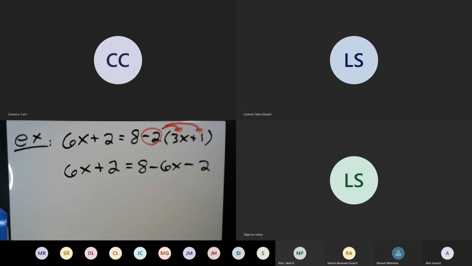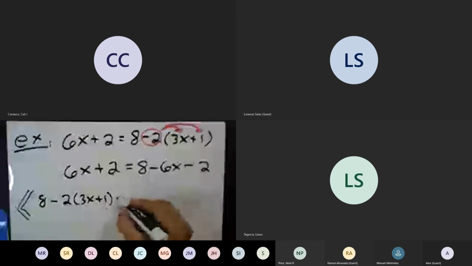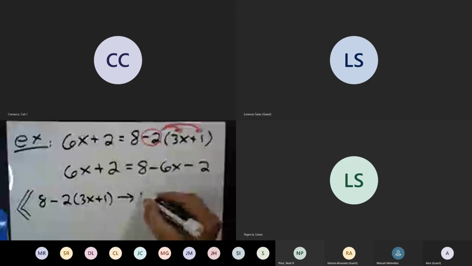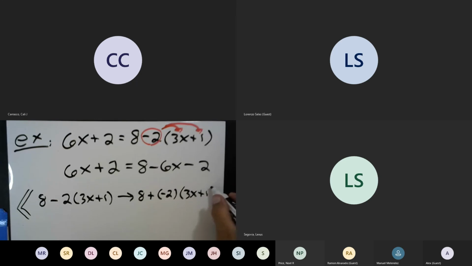And again, the way you could think about this, I'm just going to put this in these little brackets that mean, here's a note. 8 minus 2 times 3x plus 1. We can think of that as 8 plus -2 times 3x plus 1.